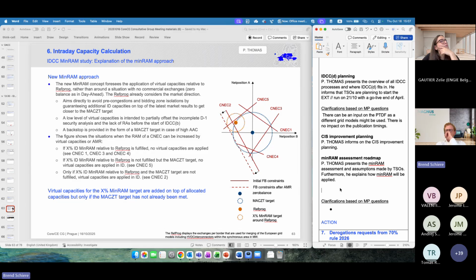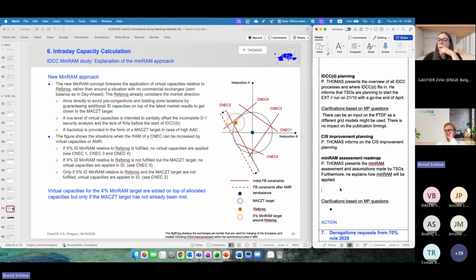So today we have the situation that there's no margin left for the intraday trading. For example, if there's already congestion in the grid model, then consequently there's also no market trade possible anymore. But with this, market trades would be possible in any direction.